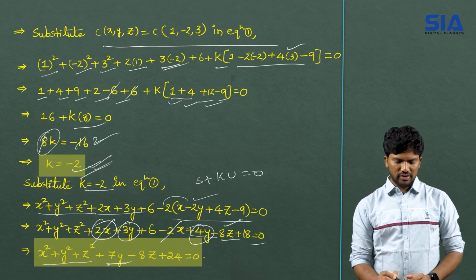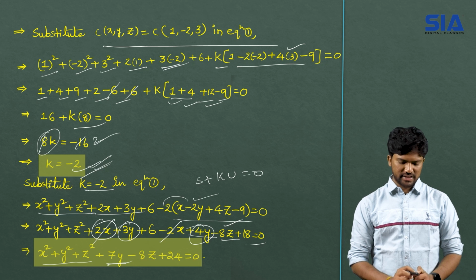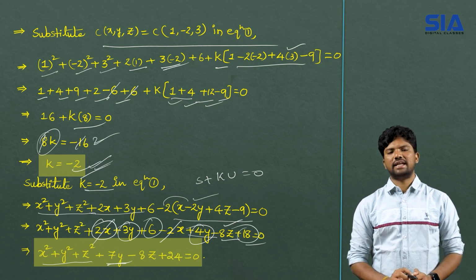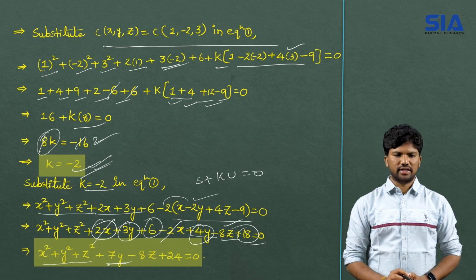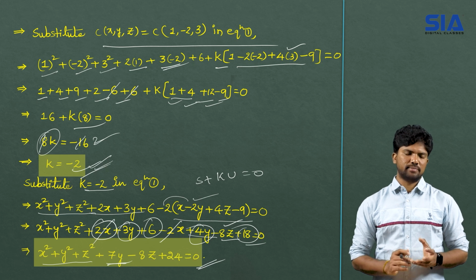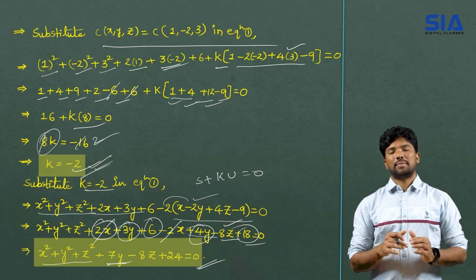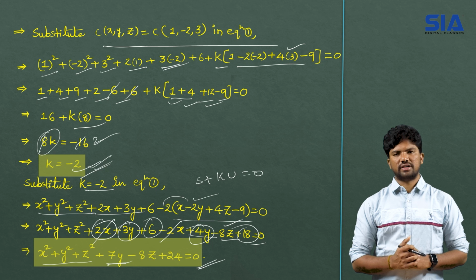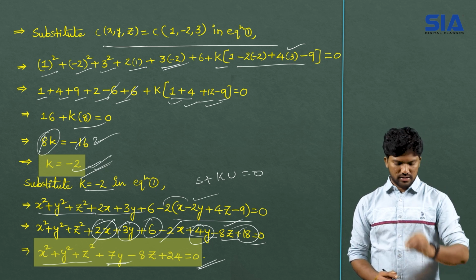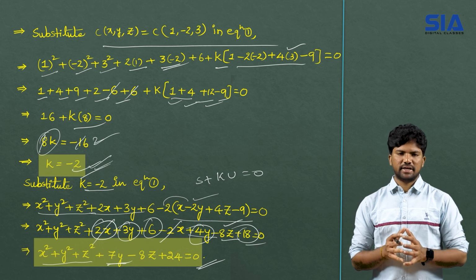Only one z term, minus 8z, and what are the constants? Plus 6 and plus 18, plus 6 plus 18 is plus 24. This is the required sphere equation: x square plus y square plus z square plus 7y minus 8z plus 24 equal to 0 is the required sphere equation of the given required sphere.